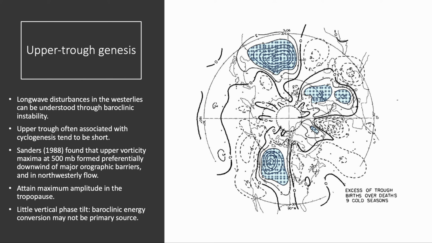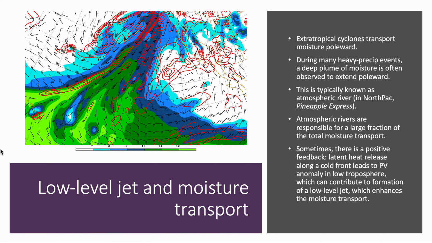The author found that there were a number of upper trough genesis events over North America, for example, and we observed some also over here near the Tibetan Plateau, and it's kind of hard to appreciate, but this is northeast Europe, really northeast of Europe. So this is just to give you an idea of where those could be.